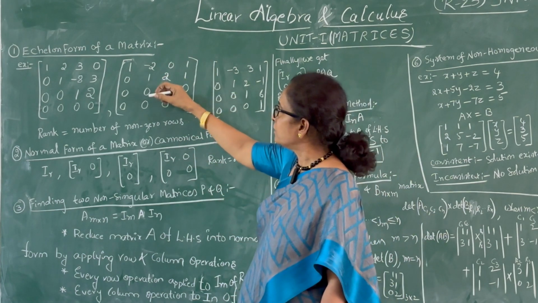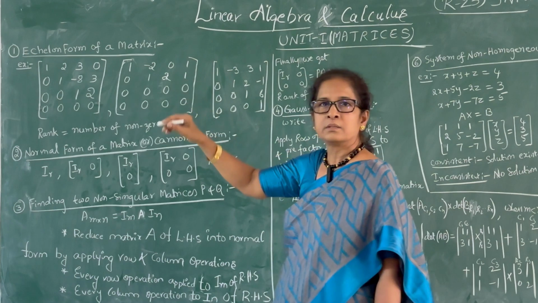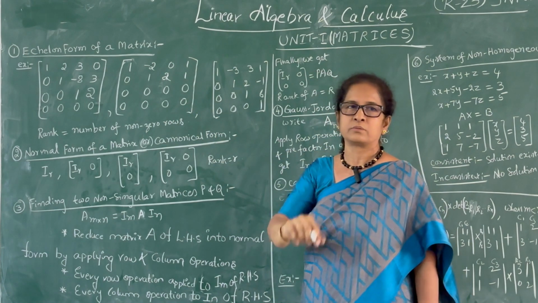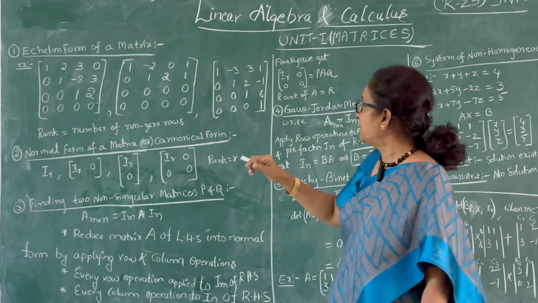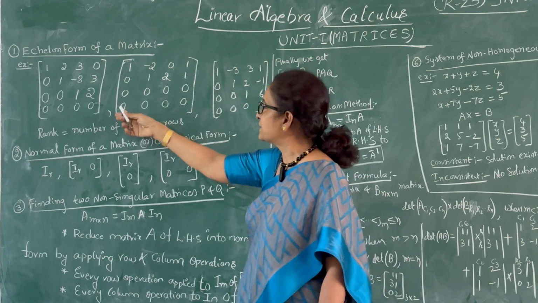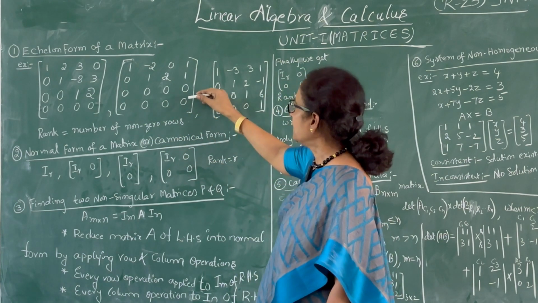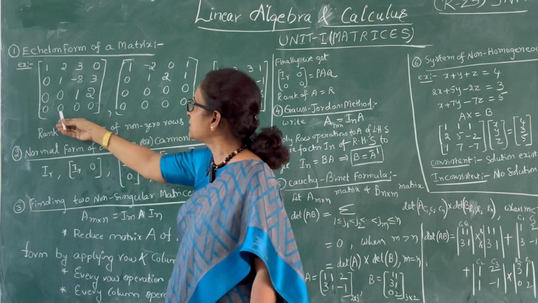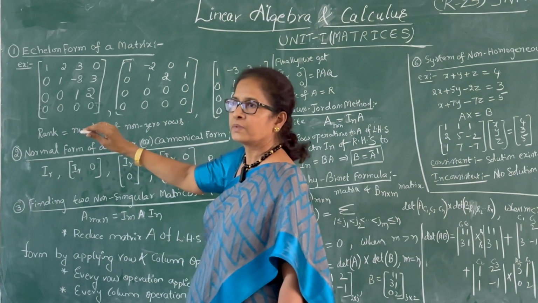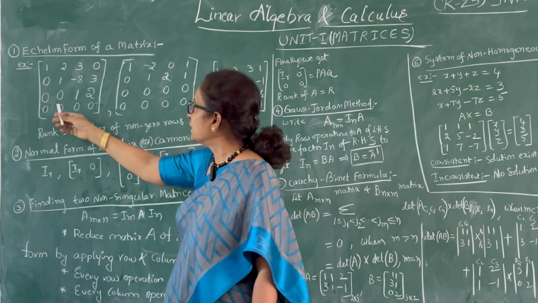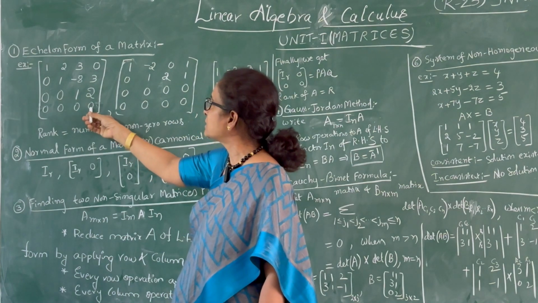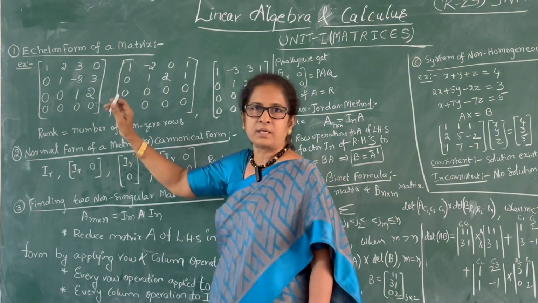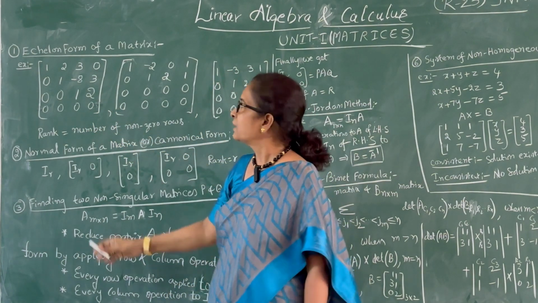First of all, you must be familiar with zero row and non-zero row. If you observe these examples, in this example, I have one zero row. This is called zero row. In a row, if all the elements are zeros, then that row is called zero row.